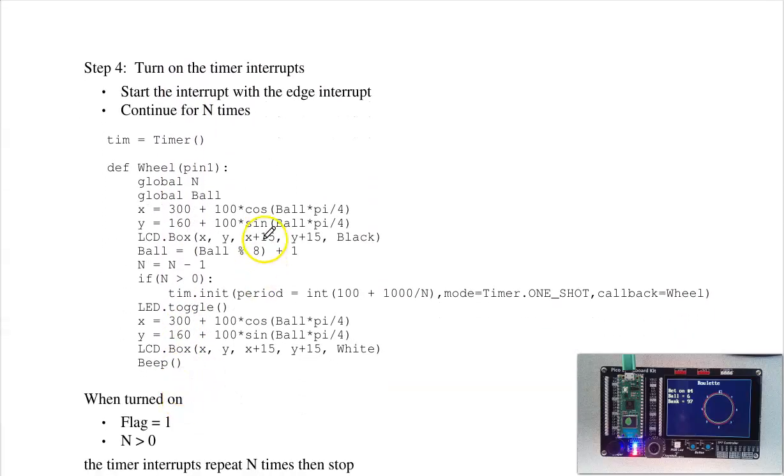The last step is spin the wheel. So initially I made it every 200 milliseconds, I spin. When I start the game, I'll call a timer interrupt every 200 milliseconds. It will call this over and over again as long as n is greater than 0. Every time it steps, n decrements. When it decrements, the ball moves around, displays it, and beeps.